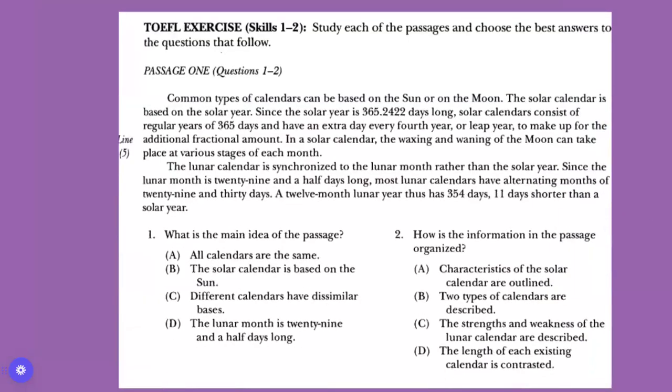Let's look at another example. It says, choose the best answer to the questions. Number 1, what is the main idea of the paragraph, which is the skill that we practice on Wednesday? Number 2, how is the information organized? And remember that in both type of questions, we can find the answer in the first line, in the first sentence of the paragraphs. So don't invest a lot of time reading with a lot of detail. Read the first line and then skim quickly the rest of the paragraph and go to the next one.